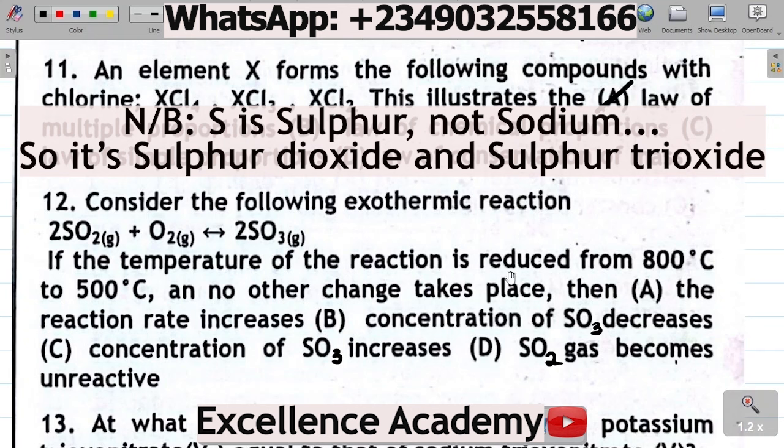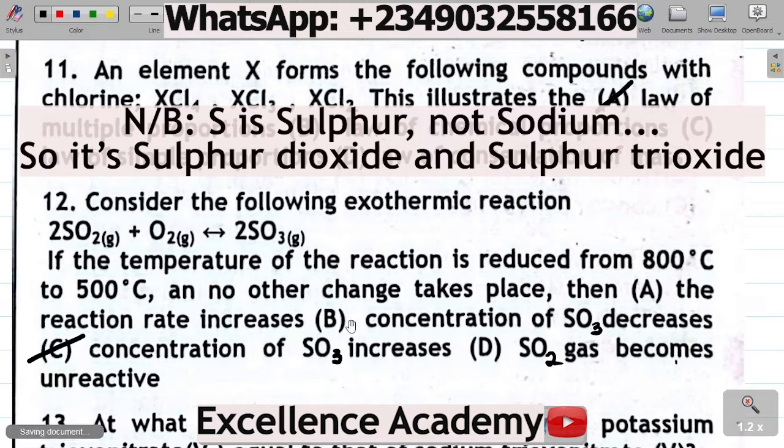If the temperature of the reaction is reduced from 800 degrees Celsius to 500 degrees Celsius and no other change takes place, then A, the reaction rate increases, B, the concentration of sulfur trioxide decreases, C, the concentration of sulfur trioxide increases, D, sulfur dioxide gas becomes unreactive. Now, for question 12, the correct answer there is C, the concentration of sulfur trioxide increases.